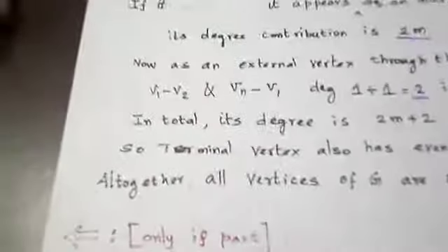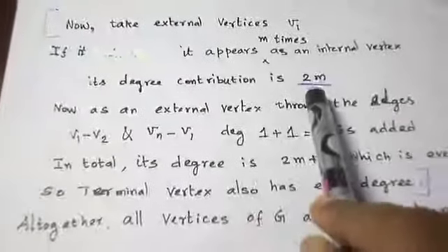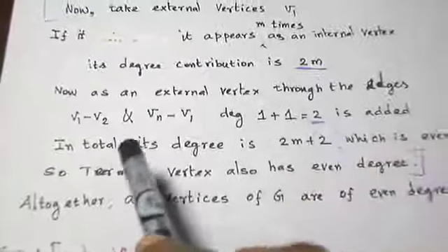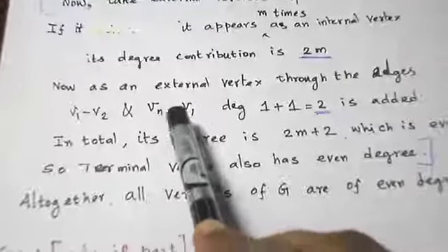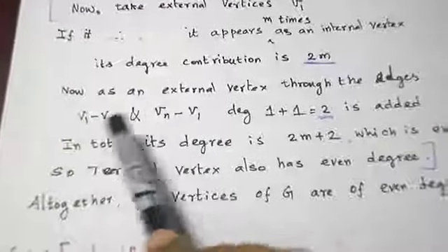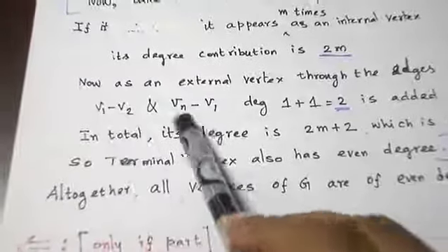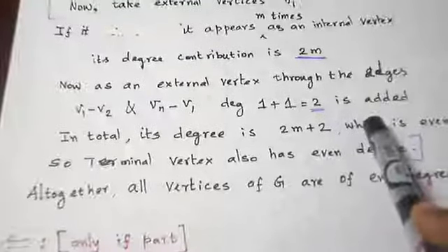If it appears as an internal vertex already m times, its degree is 2m as argued earlier. Now the starting edge V1, V2 and the ending edge Vn, V1 contribute degree 1 each to the vertex V1. So degree 1 plus 1, degree 2 is added for the terminal vertex.